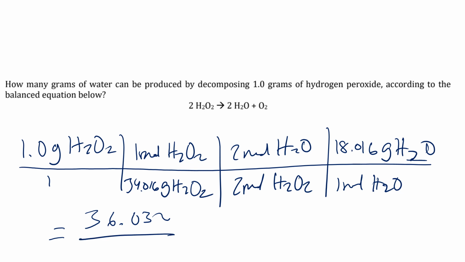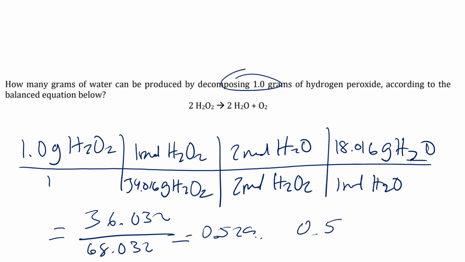Your denominator is 34.016 times 2, which is 68.032. Divide those two numbers, and you end up with 0.529 something. With 2 sig figs, that's 0.53 grams of water.